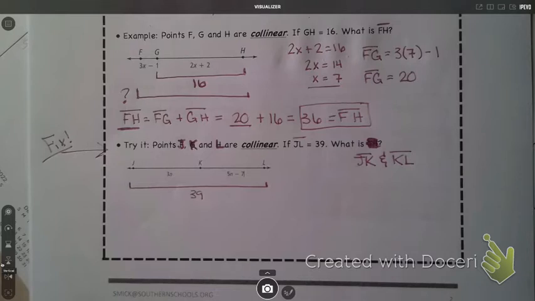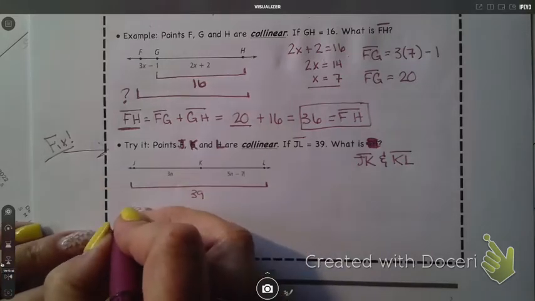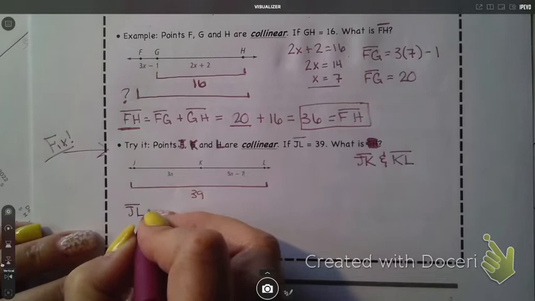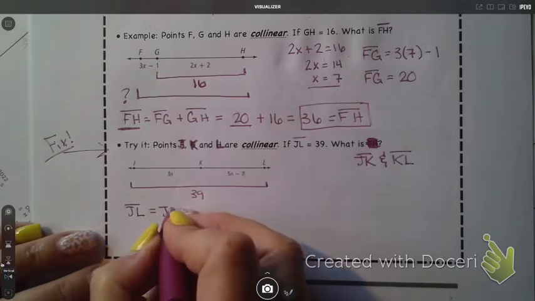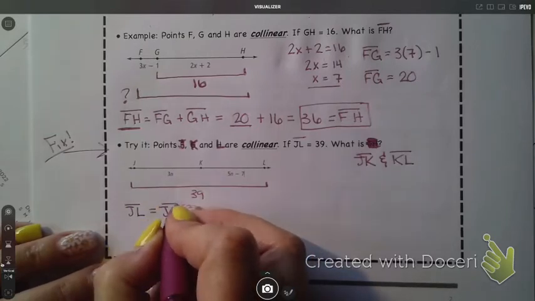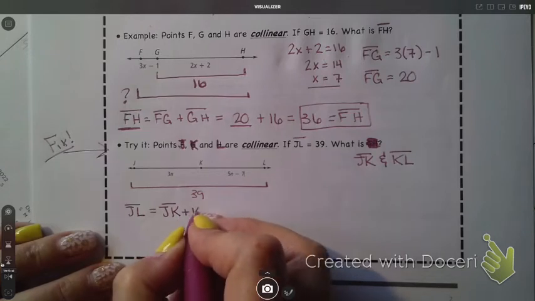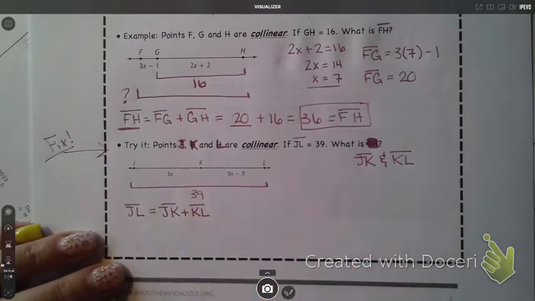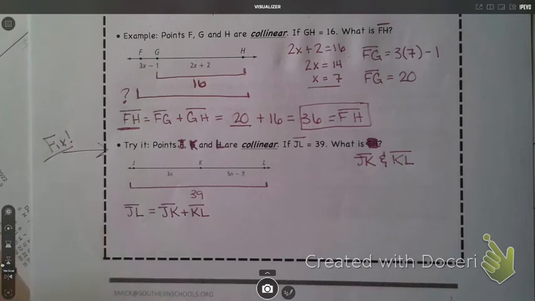What made up JL? Add the two together. So JL equals JK plus KL? Yes.